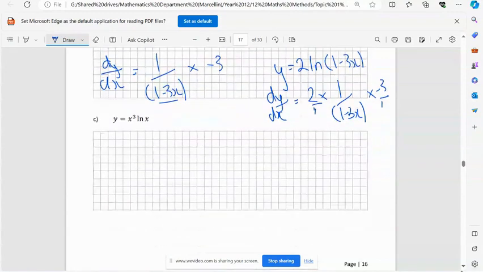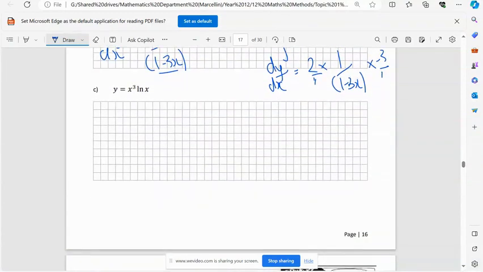All right, next one, I hope you can spot it, it's a product rule, okay? So we have to break them up. So the first one is the x cubed, and the second one is ln x. So u prime, or u dash, is 3x squared, and the derivative of ln x is 1 on x, okay?